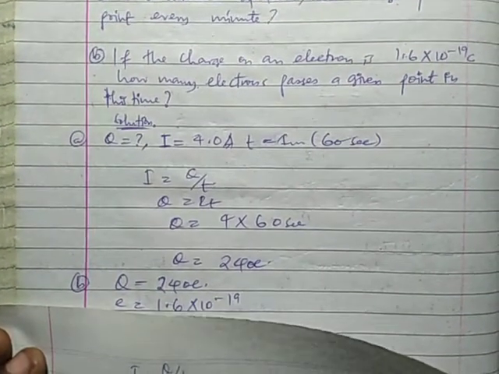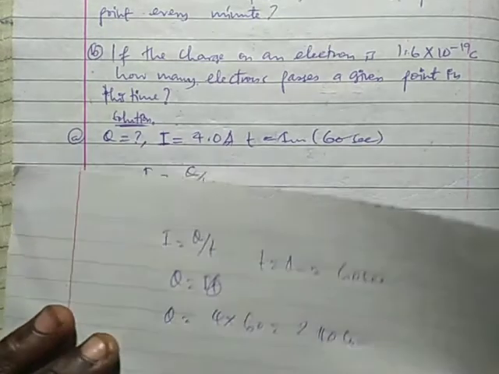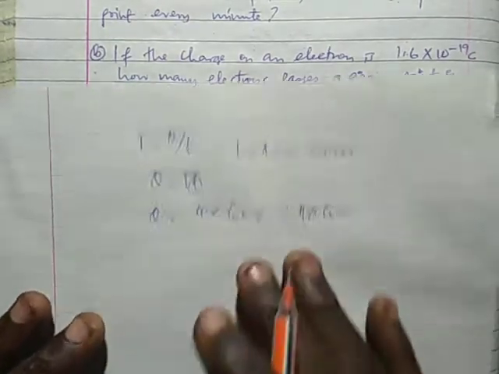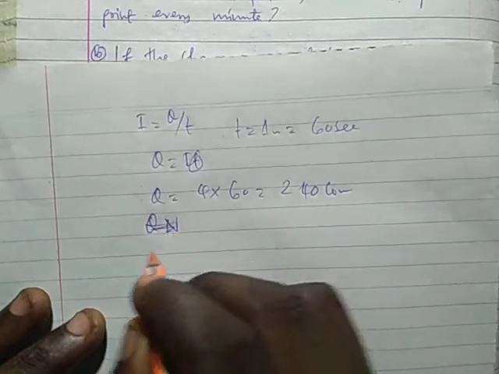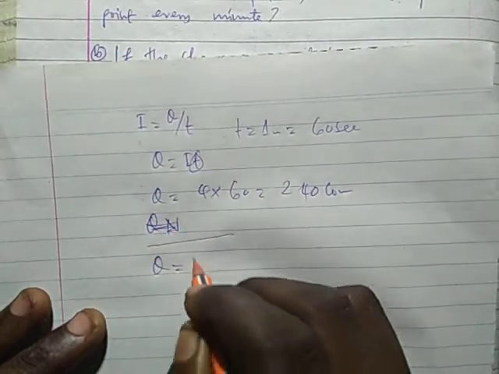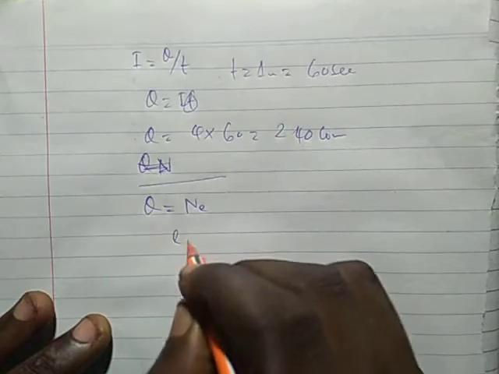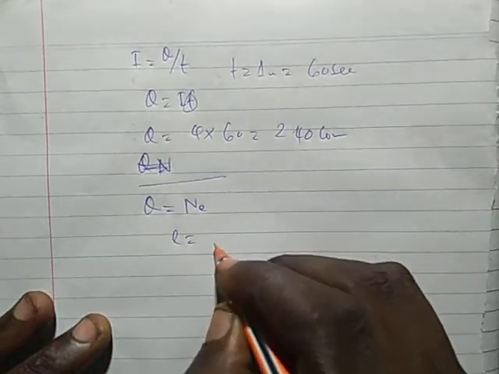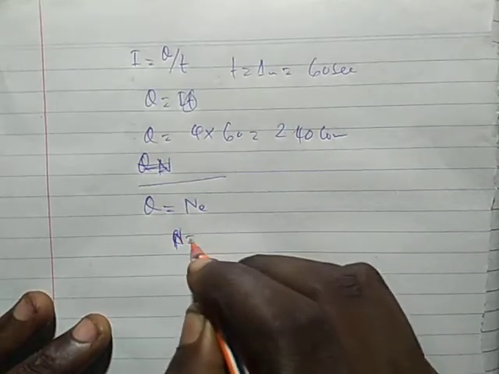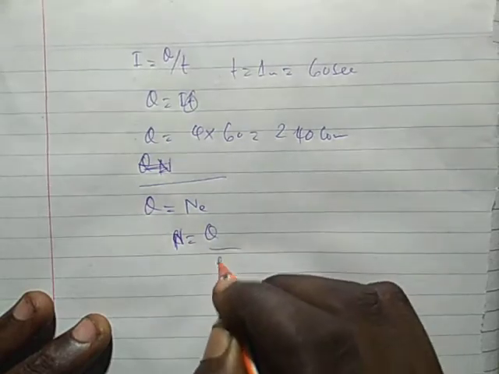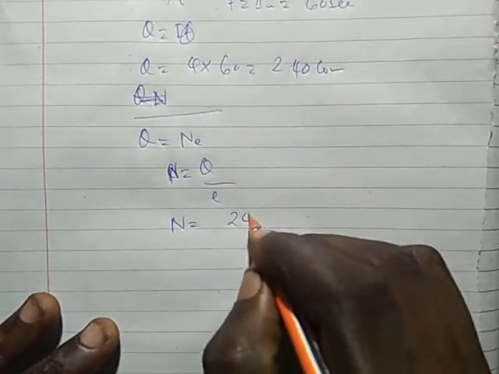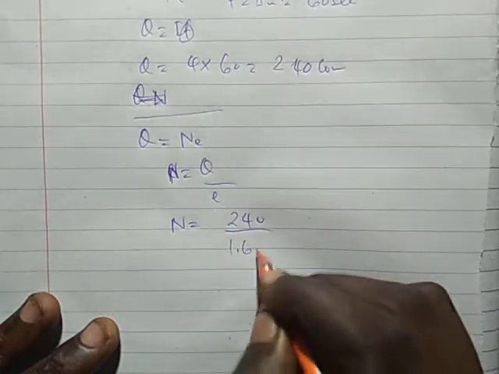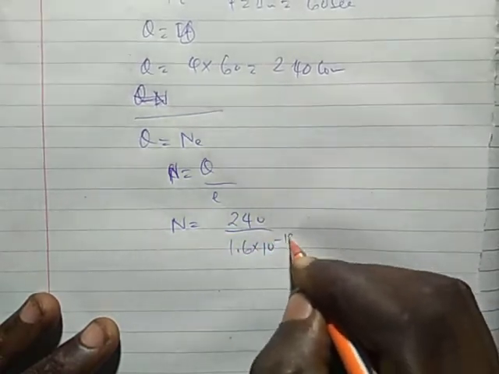Lakini kwa sababu tumepewa electronic charge 1.6 times 10 power negative 19, manake quantity of charge ni sawa number of electrons times electronic charge. So number of electrons N will be equal to quantity of charge divided by electronic charge. So N will be equal to Q, which is 240, divided by 1.6 times 10 power negative 19.